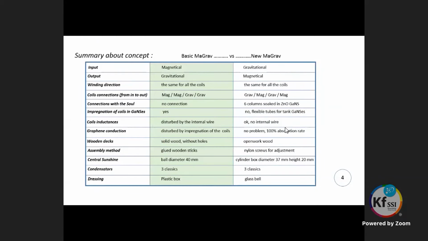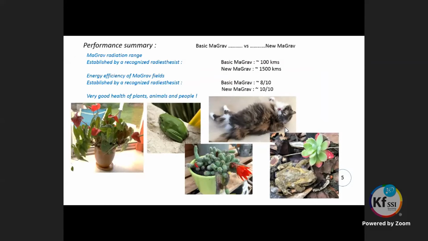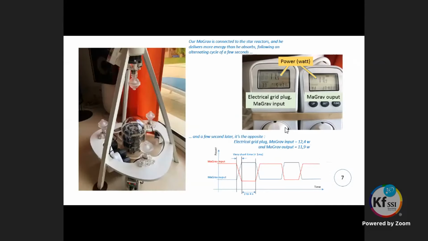I will show you later a summary about the concept between a basic Magrav and a new Magrav. The first results: I have a problem with the power. The power shut down on the grid side, and the power output of the Magrav was more important. Do you know what I mean?